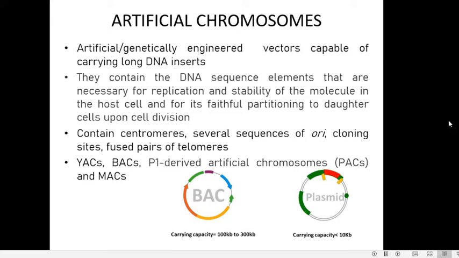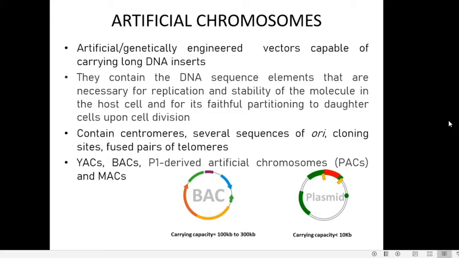And certain common sequences which we find in artificial chromosomes are sequences that are contained in the centromeres of chromosomes. Then ORI sequences will be there which will initiate replication. There will be cloning sites, which means there will be restriction enzyme cutting sites, and there we can ligate our foreign DNA.